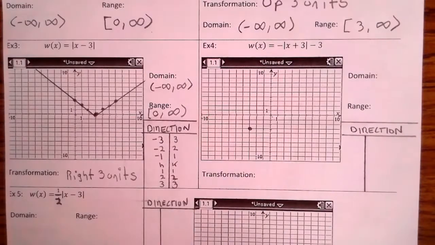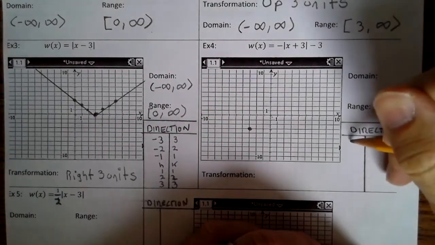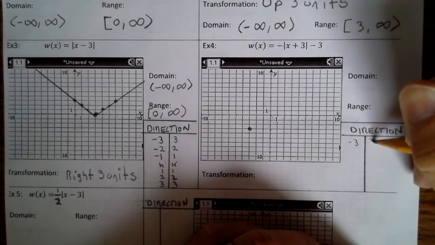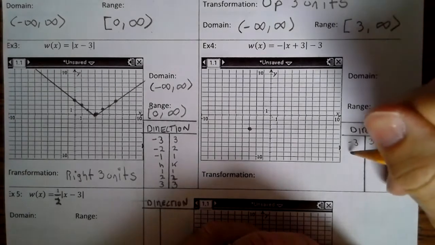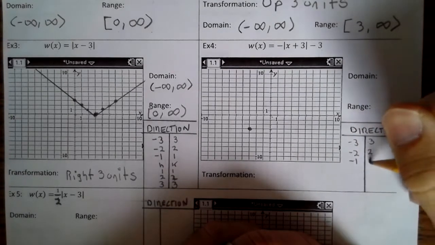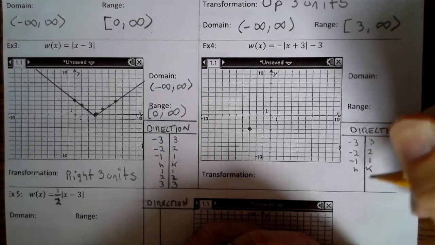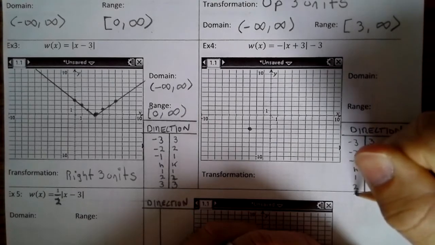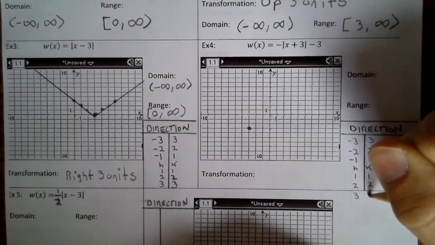Okay. Now our directions are -3, 3, -2, 2, -1, 1, HK, 1, 1, 2, 2, 3, 3.